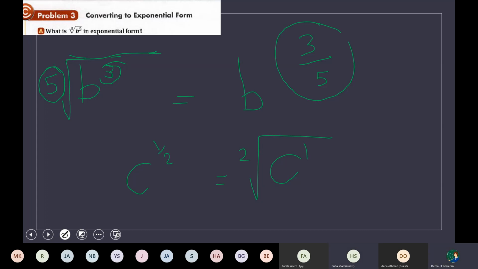So if you get confused, you ask yourself, do I know that c raised to half means the square root of c? So here, which is down, I keep it up, and which is outside, I keep it on the index.